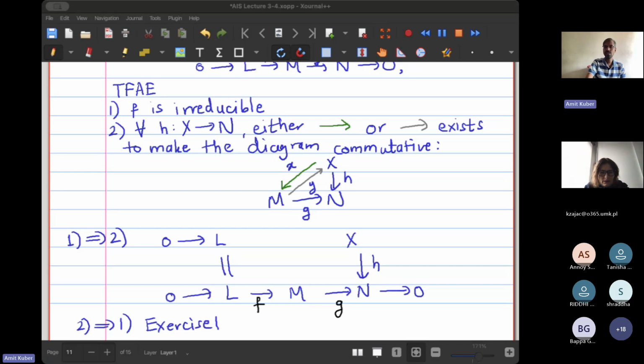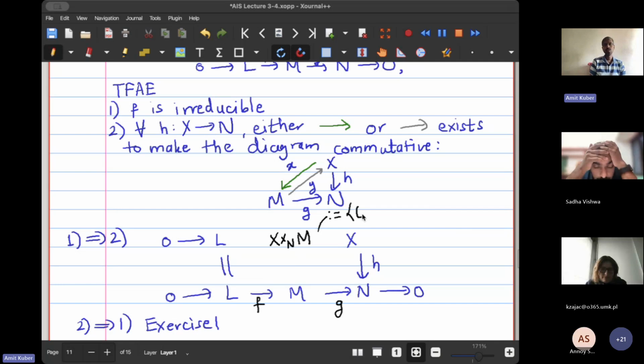Pullback or fibered product, are people familiar with this? No? Okay, so basically, let me write this. This is how we write it, and the definition is this: all those tuples (x, m) in X cross M such that h(x) is equal to g(m).